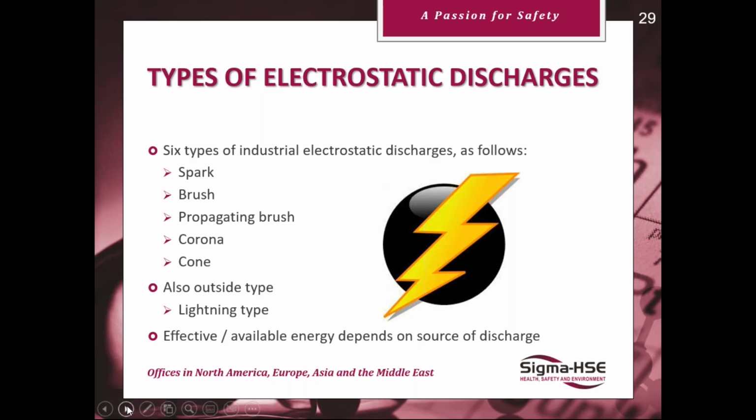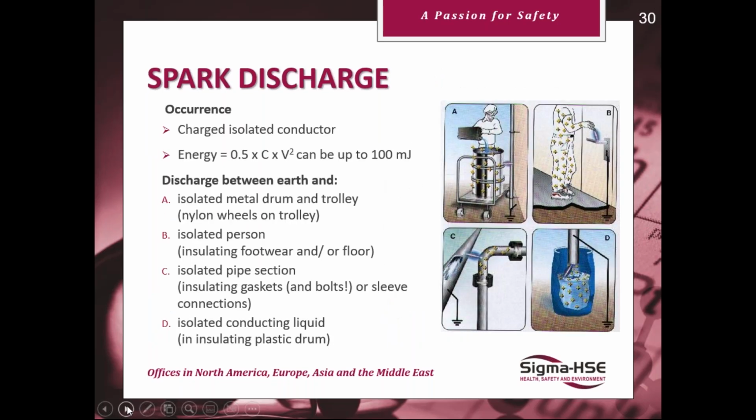So the effective and available energy depends on the source of the discharge. The most common one, as we see, is spark discharge, from charged isolated conductors. The energy is calculated as half CV squared, so the voltage and the capacitance can give up to about 100 millijoules of energy, maybe a bit more in certain instances.